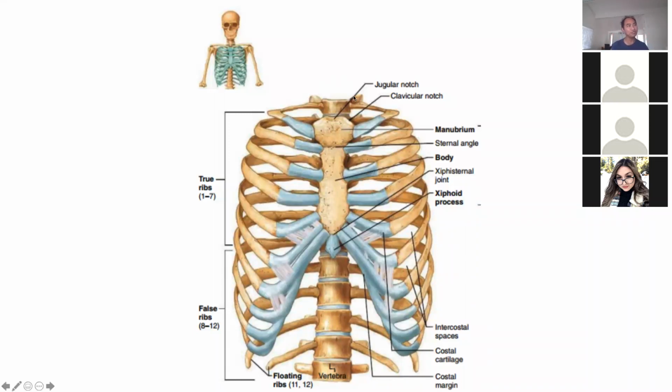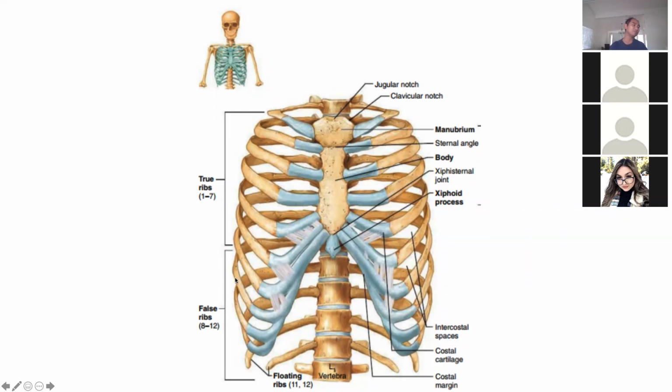So these are the boundaries, posterior boundary, thoracic 1 to thoracic 12 vertebra. On the lateral side, either side, we have ribs. Anteriorly, we have the sternum and the costal cartilages. And if we remember, the first 7 ribs have their own costal cartilage to come and attach to the sternum.